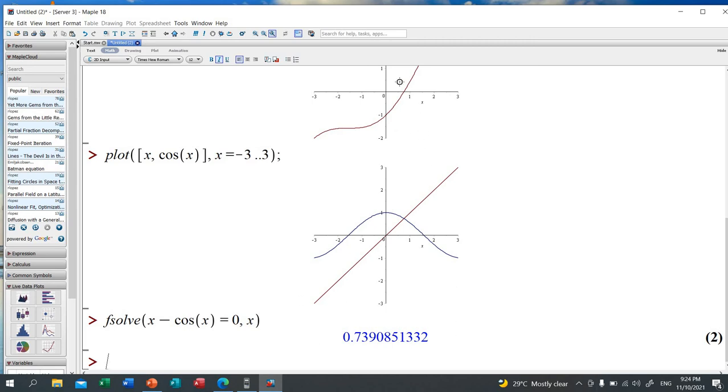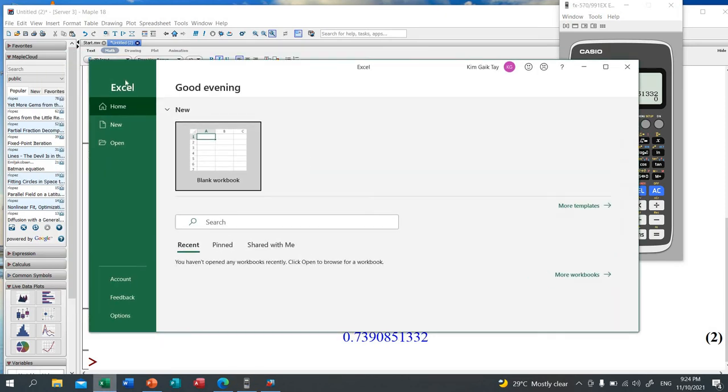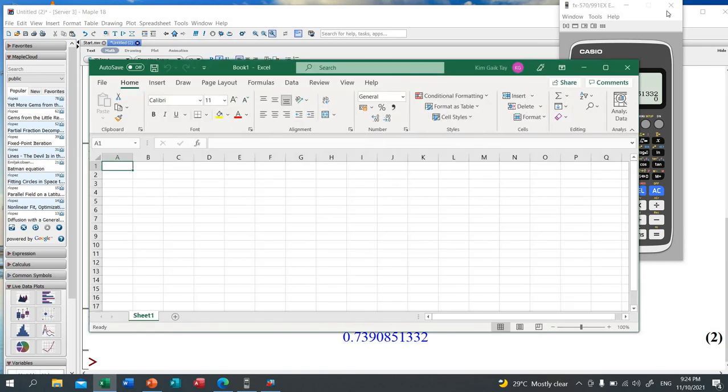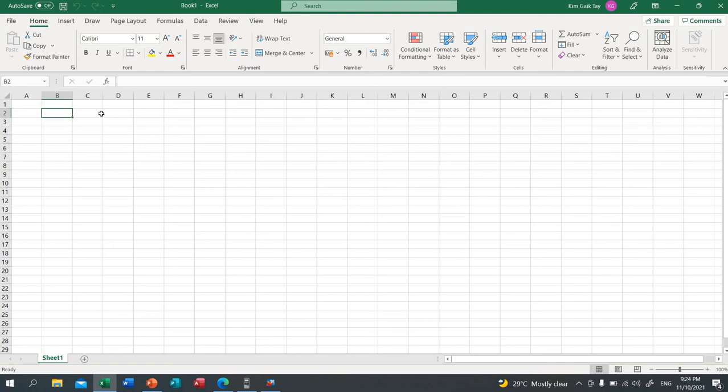Okay, if you don't have the Maple software, and you don't have this scientific calculator model, don't worry, you still have Excel. Okay, for Excel, we put it, let's say X, and show you first of all two graphs together, y1 equal x, y2 equal cos x.